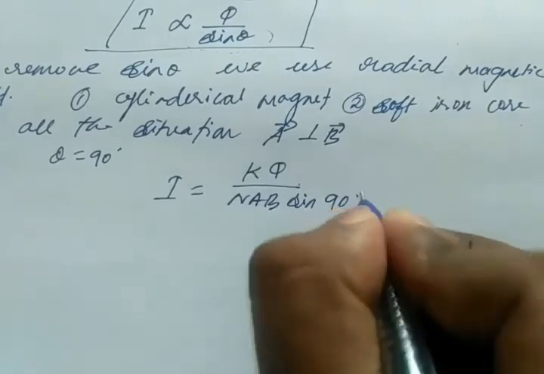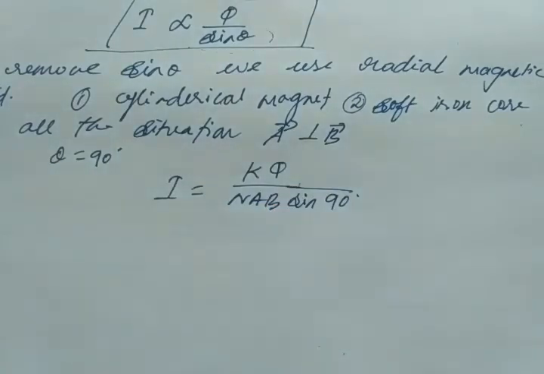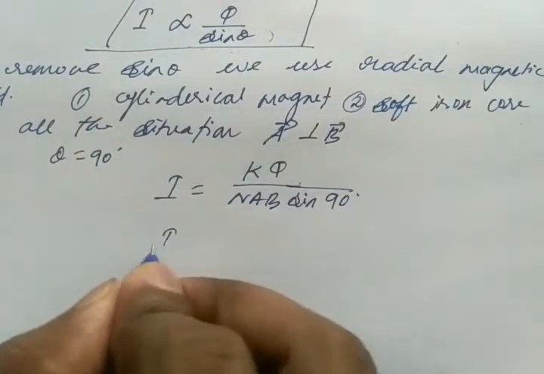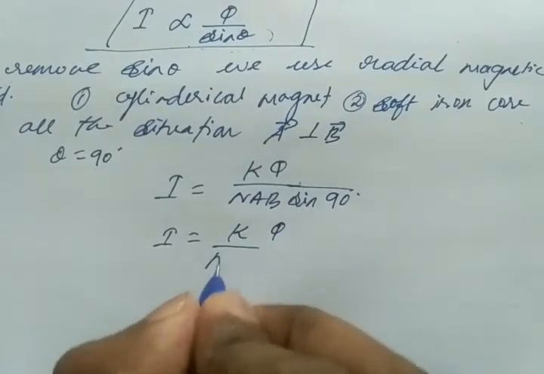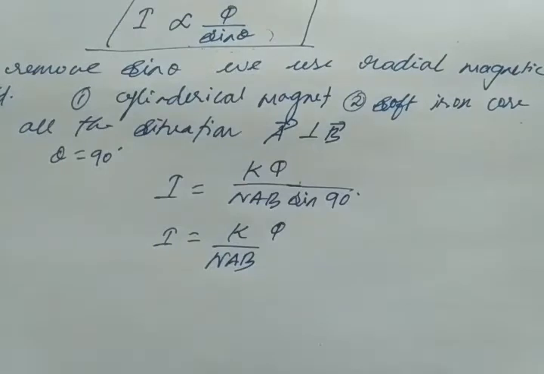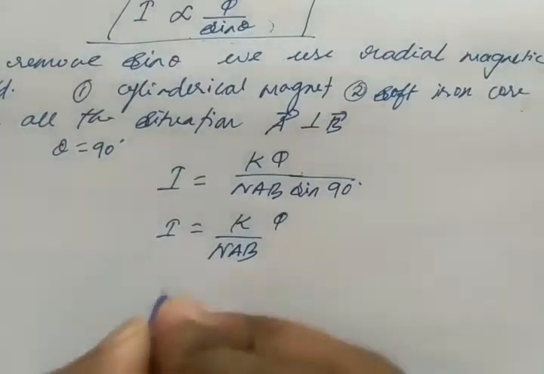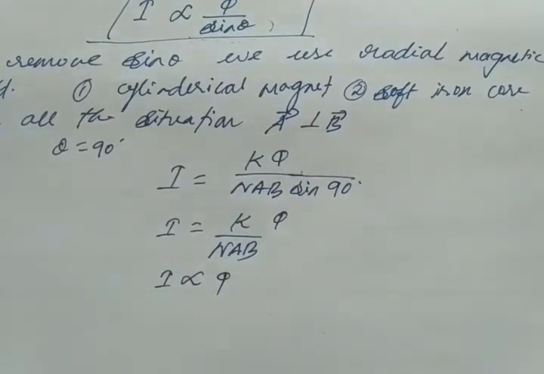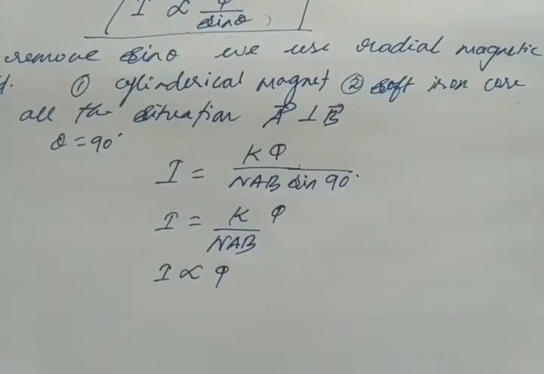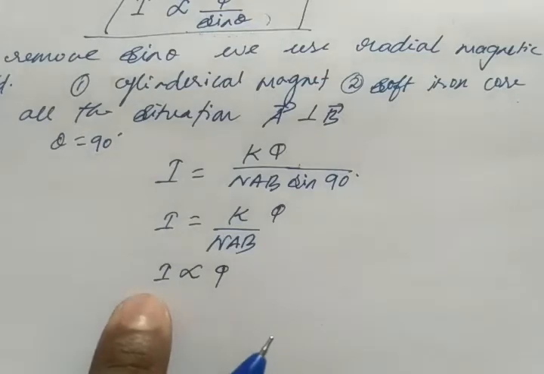Sine 90 is 1, so we get I equal to k phi by NAB. Since k by NAB is constant, we get I directly proportional to phi. Okay, so we fulfill our purpose. When we give more current, the coil gets more deflection.